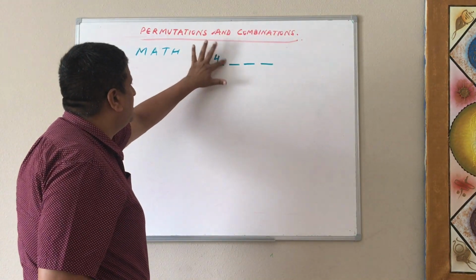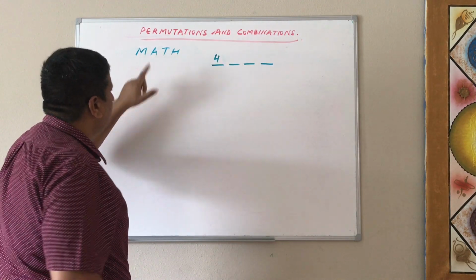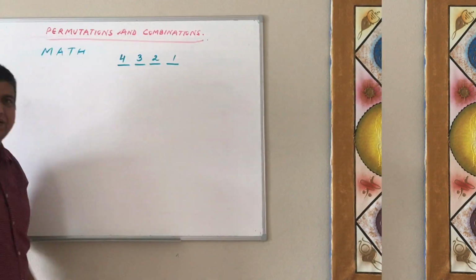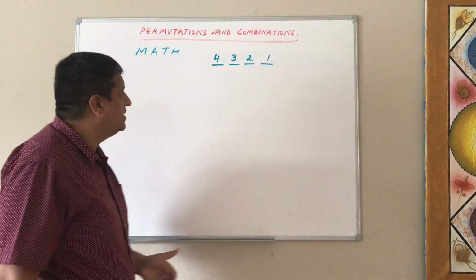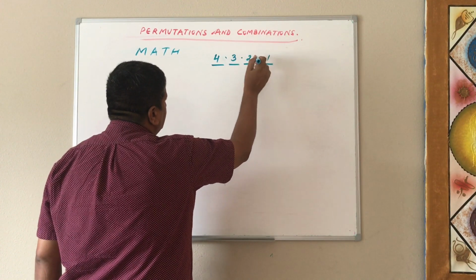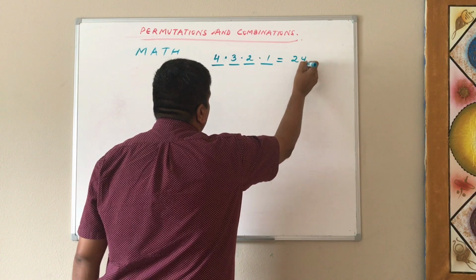On the second spot, once this letter is fixed, I can't use it, so I will be left with just three letters, and then two, and then according to the fundamental principle of counting, I can multiply these to get the total possible outcomes, which is going to be 24.